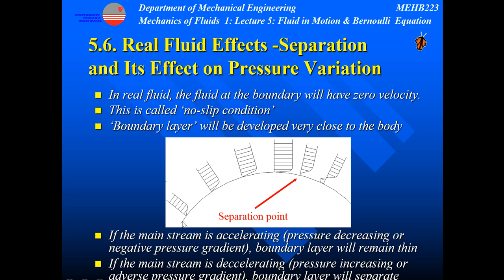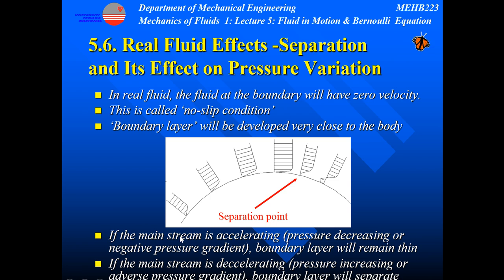Pressure will vary, right? Pressure varies until here, where the velocity profile becomes two sides. There's one side here, there's another side here. But before that, it starts to separate at this point. So this point is called the separation point.